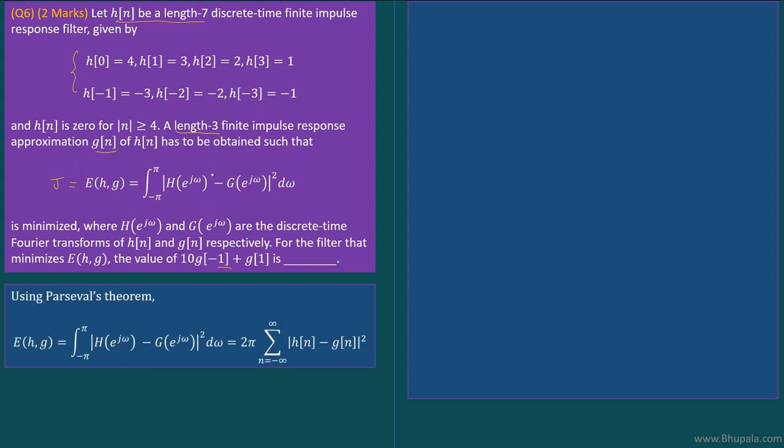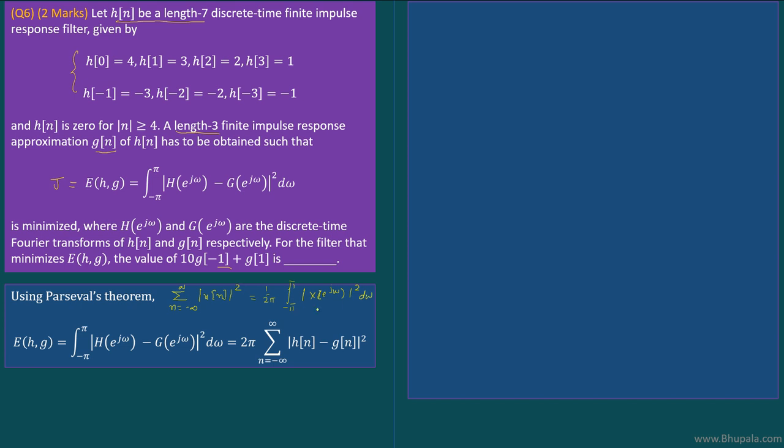According to the Parseval relation, if you remember your signals and systems class, for a signal x of n, the summation from n equal to minus infinity to infinity of modulus of x of n whole square is equal to 1 by 2 pi times the integral from minus pi to pi of modulus of X of e power j omega whole square d omega.